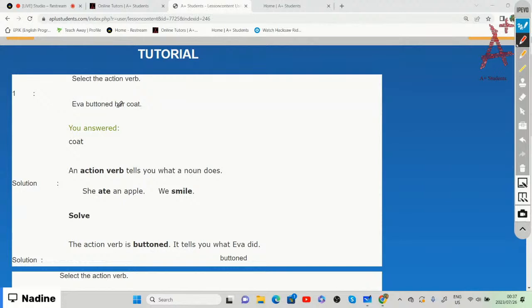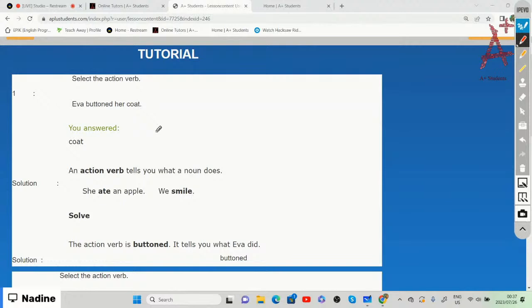Eva buttoned her coat. We need to underline the correct action verb within the sentence that tells us what Eva does or what Eva did.